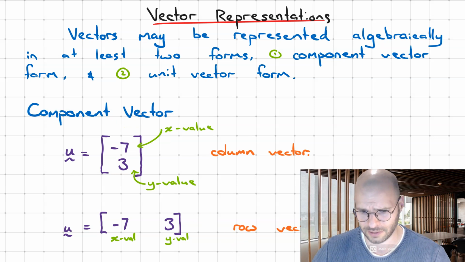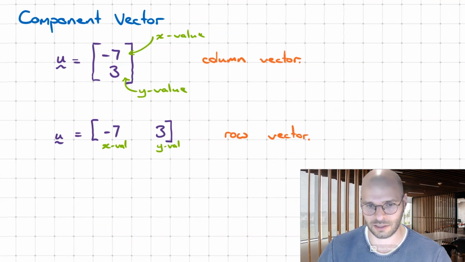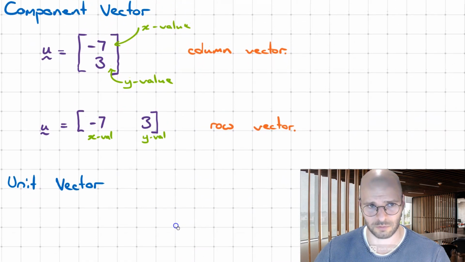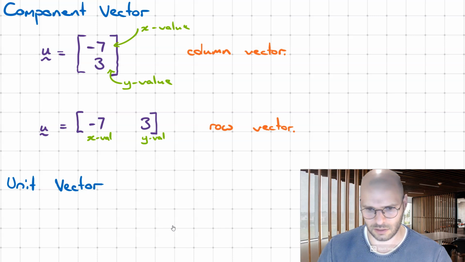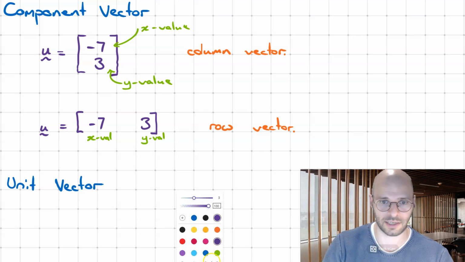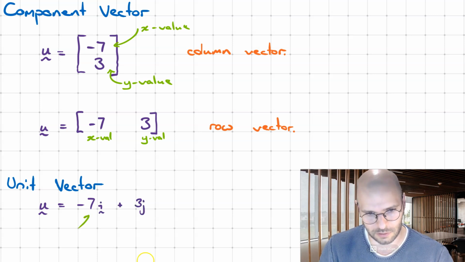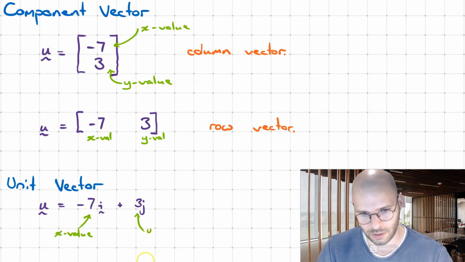So these are component vectors. The second form that you might encounter if you're doing SACE is the unit vector form. Now the unit vector form is very similar to the component vector in the information that it communicates, in that we could have vector u and it still could have -7 and 3, but rather than writing it as a matrix, we write it using i and j, where this represents the x value and this represents the y value.